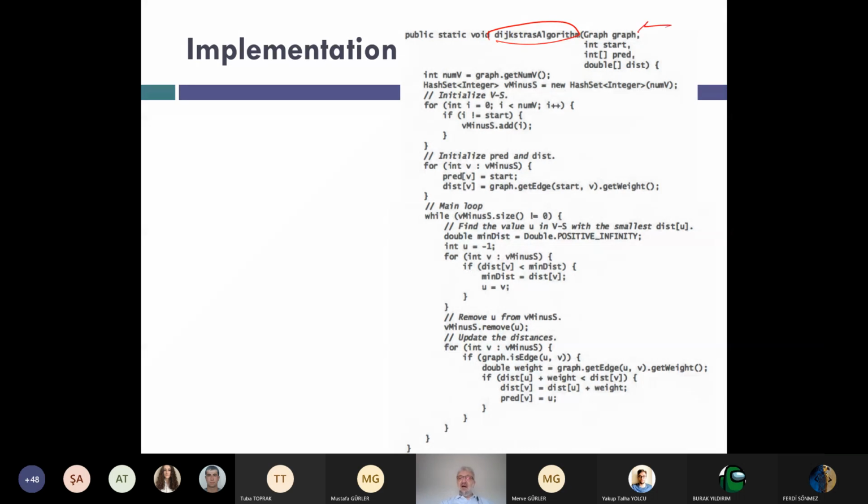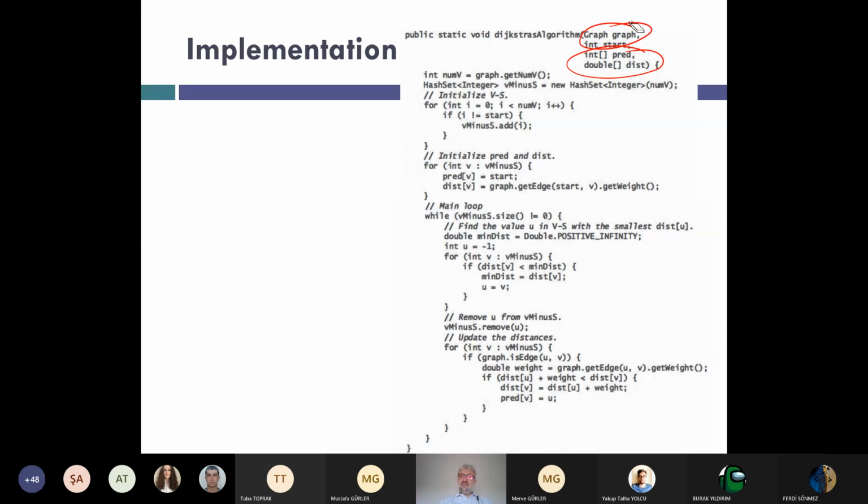Here we have a graph. The graph can be a matrix graph or list graph. We have a start vertex, which is these two are inputs. These two are outputs of this algorithm, since there is no return value, as you see.